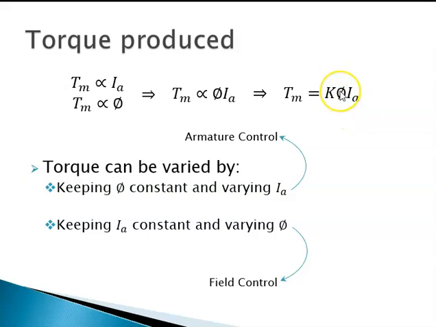If you keep magnetic field strength constant, you call that armature control. If you keep armature current constant, you call it field control. We will see the schematic of what is armature control and what is field control, how to represent them and perhaps how to write equations for these in a subsequent video.